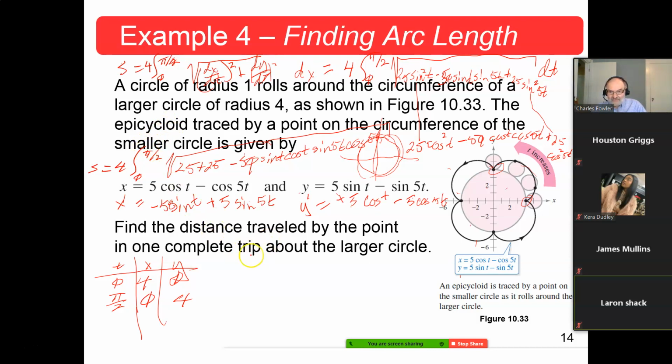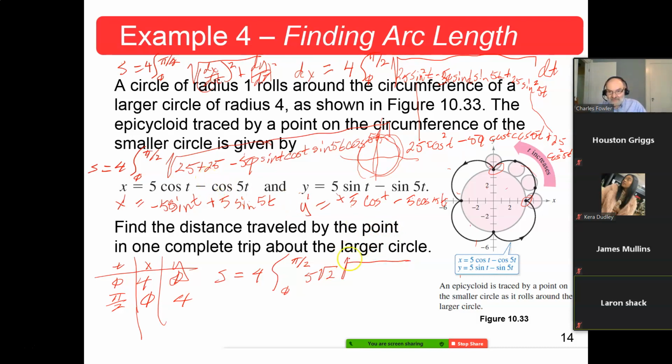So I'm going to come down here, the only place left I got to write on the board. S is equal to 4 times the integral from 0 to pi halves of 5 root 2, that's what we factored out of that, times the radical.